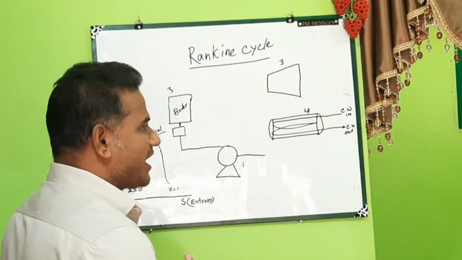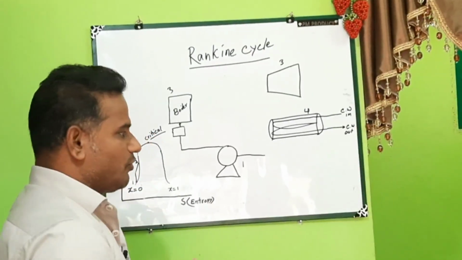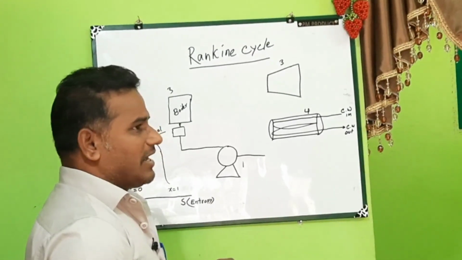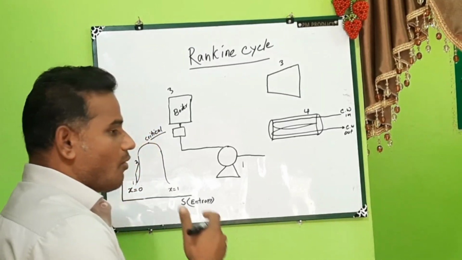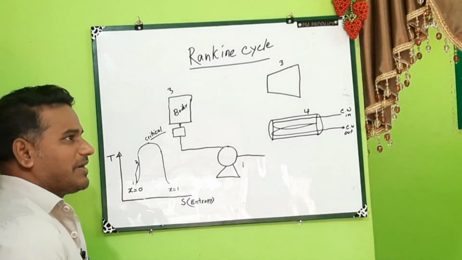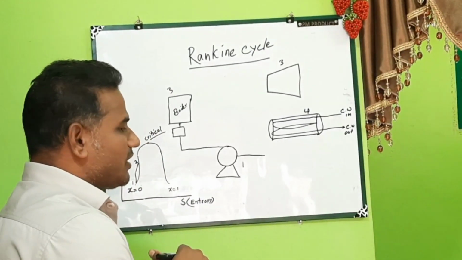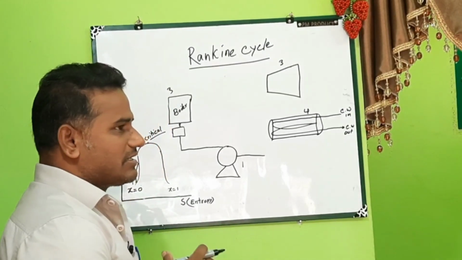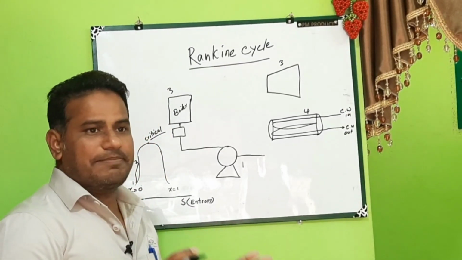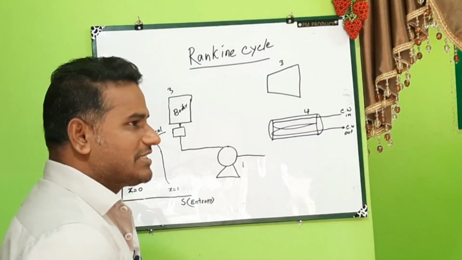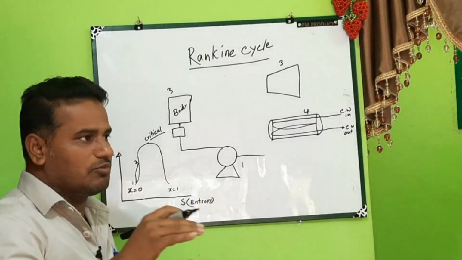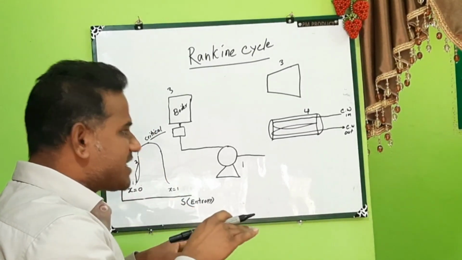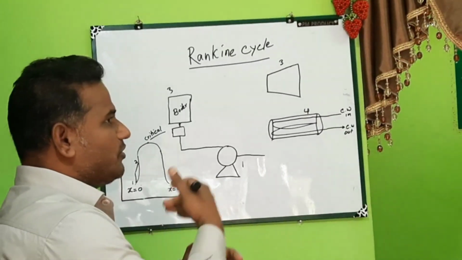At atmospheric pressure, if you heat water, what will happen? At 100 degrees centigrade it will go to saturated steam. If you provide more heat then, the temperature will not increase. For a small moment it stays, and the phase changes from liquid to vapor.